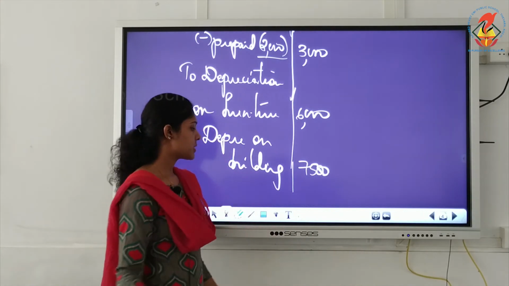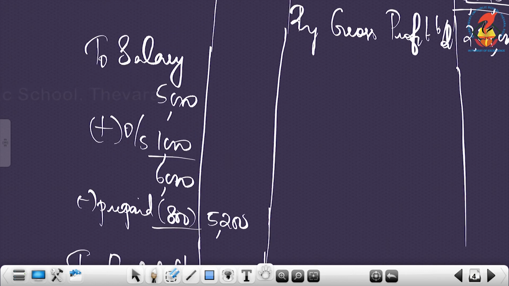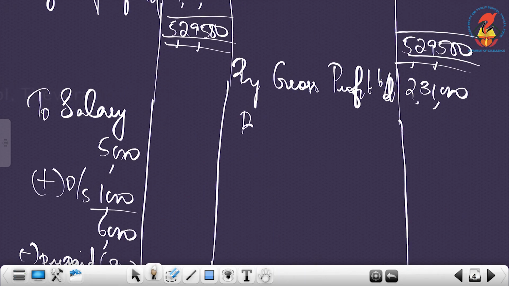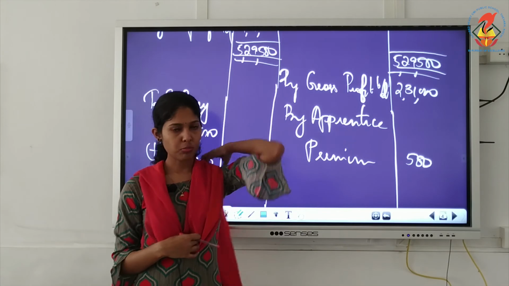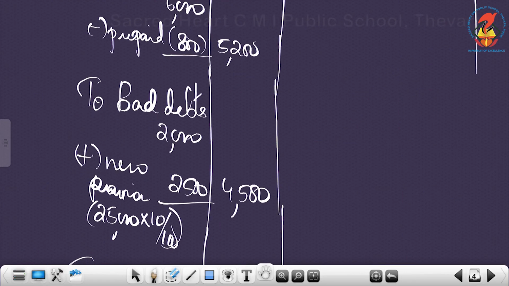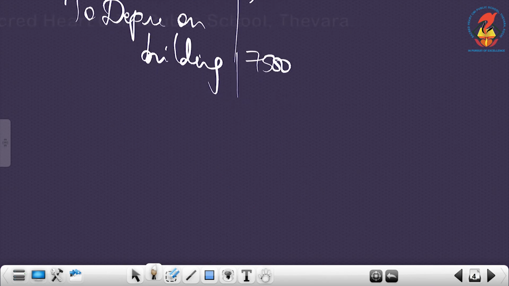Since it is an income, this must come in the P&L account on which side? On the credit side. This is a new item for you. So, note down, that is by apprentice premium, the amount is 500. Yes. So, with that your items on both sides are over. You find the balancing figure of your P&L. Here we are getting a net profit.